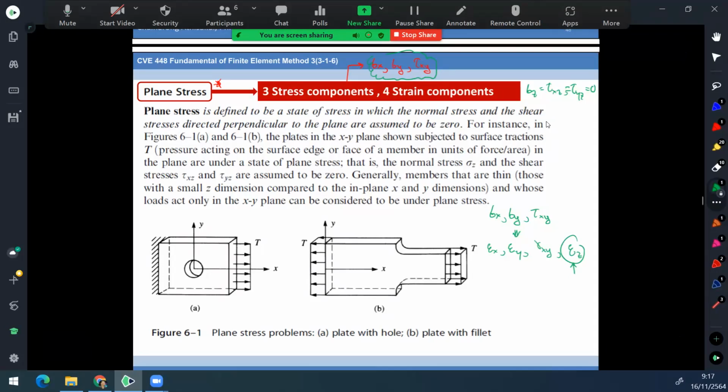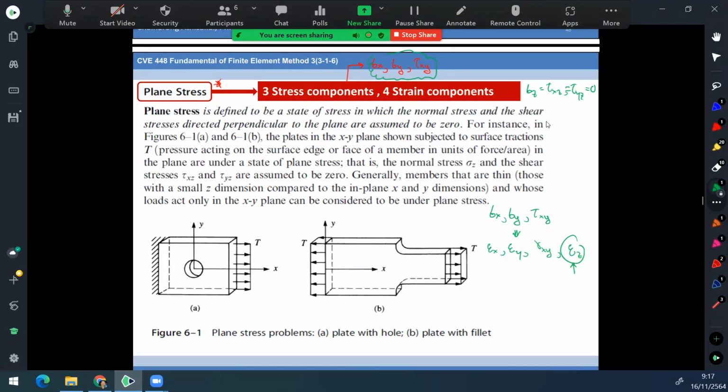The axial strain in the out-of-plane direction is not equal to 0 in this case. Just the out-of-plane stress equals 0, but the out-of-plane axial strain is not equal to 0.